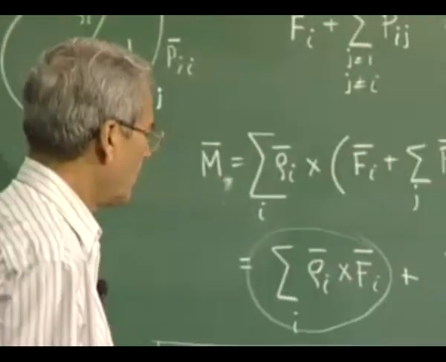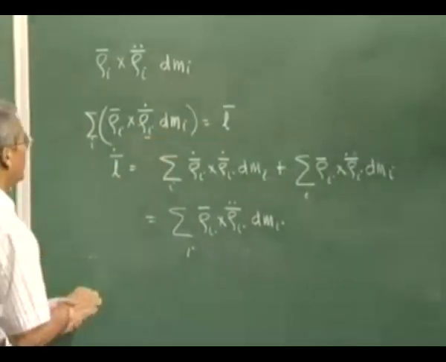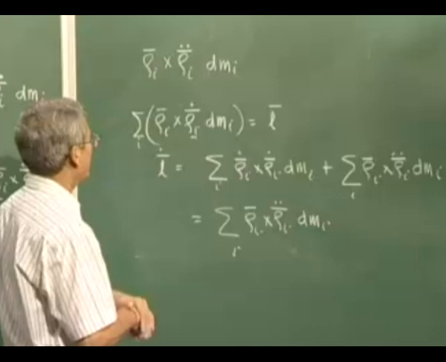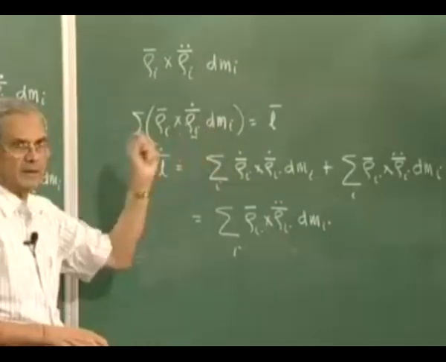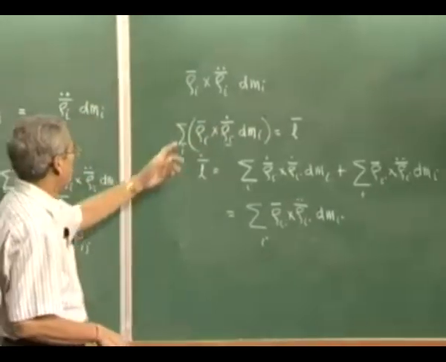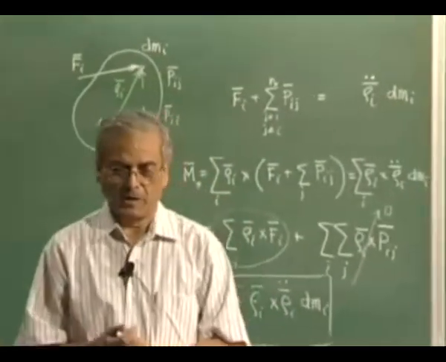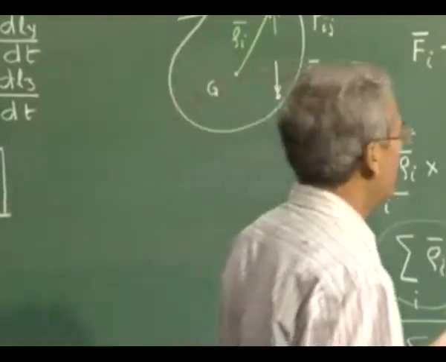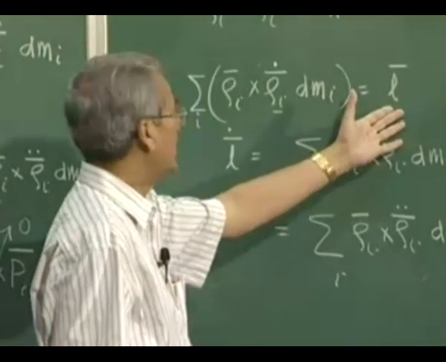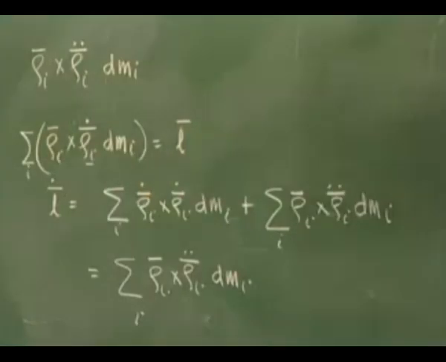To show this, we start with the fact that rho i dot is the velocity of the particle. When multiplied by dmi, we get the linear momentum of the particle. So rho i cross the linear momentum is by definition the angular momentum. Now if we sum it up for all the particles, we get the angular momentum vector for the rigid body. So this is the expression for angular momentum of the rigid body about point G, from where rho i is being measured. Now if I differentiate L with respect to time, what will we get?